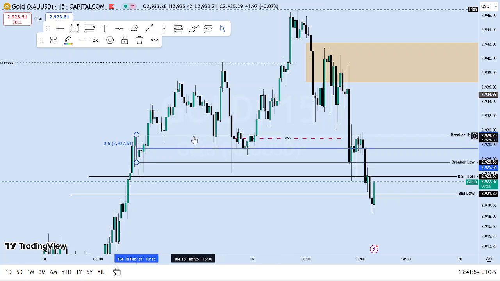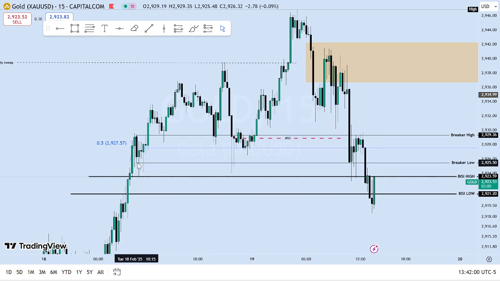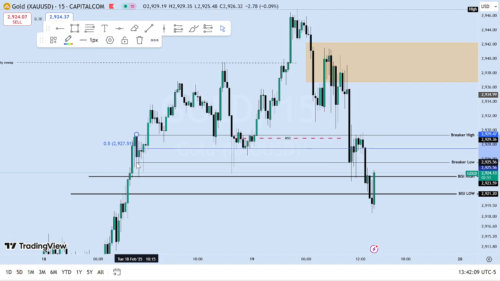Here is the breaker high and the breaker low. Where is the breaker low? The low of the bearish candle, at the low of that wick. So you are measuring from the high of the breaker to the low of the breaker to get the 50%.